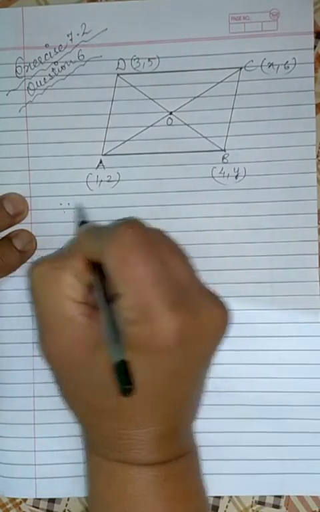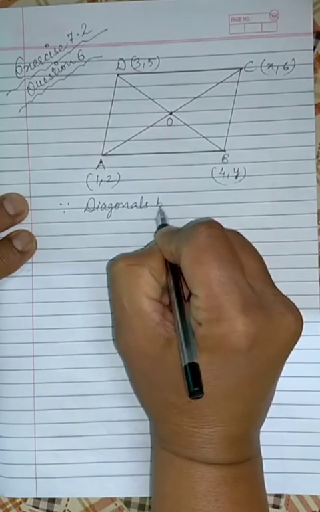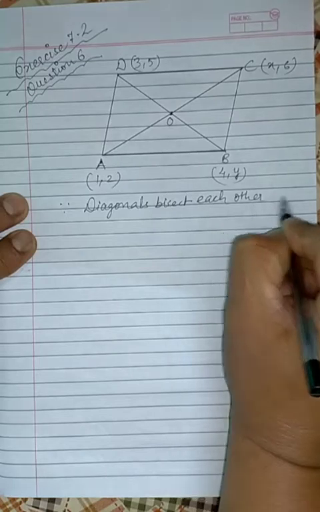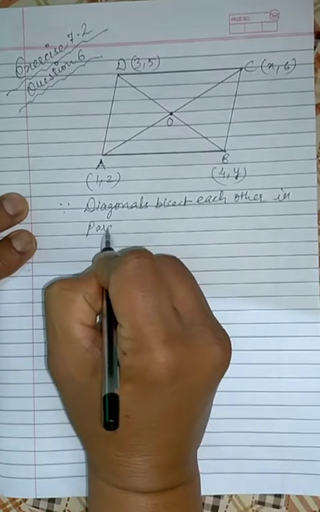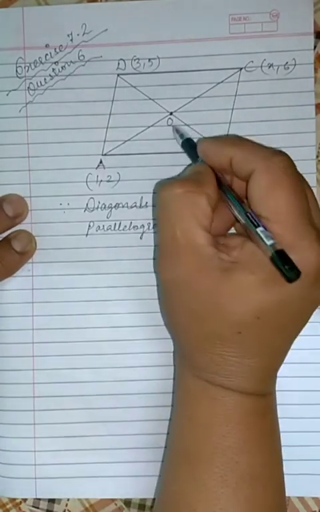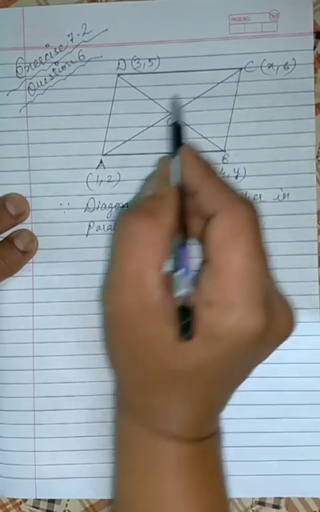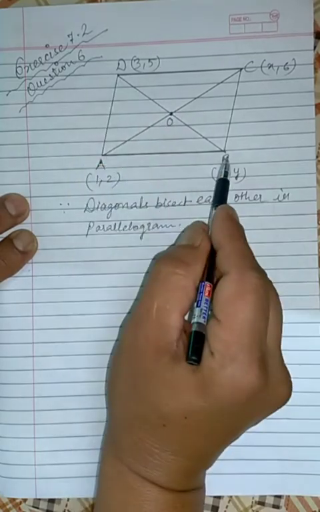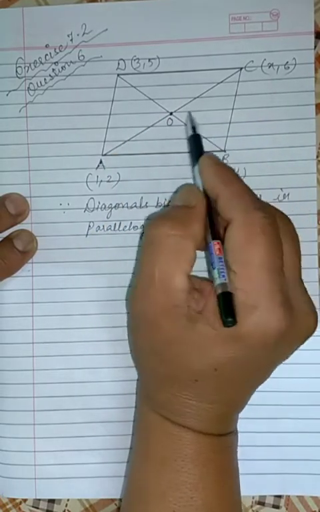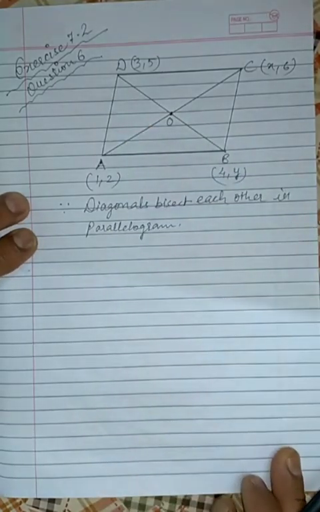So here, since diagonals bisect each other in a parallelogram, this means that if we find out the coordinate of O for AC and find out the coordinate of O for BD, so O is a single point being midpoint for both AC and BD, we can equate the coordinates of O for AC and BD equally.